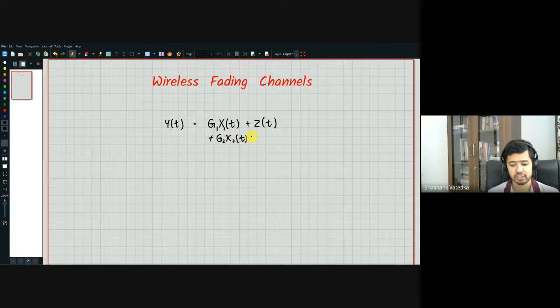So in previous classes, we've seen discrete memoryless channels, discrete memoryless multiple access channels, and discrete memoryless broadcast channels. Okay, and we'll use those ideas to derive inner and outer bounds, and also the capacity regions of certain wireless fading channels. So in some sense, this is going to be an application of various tools that we have already studied.